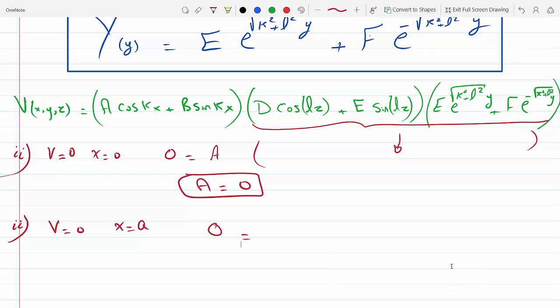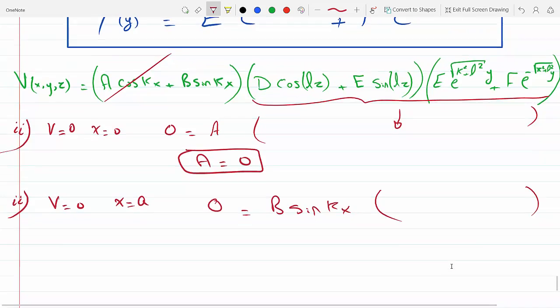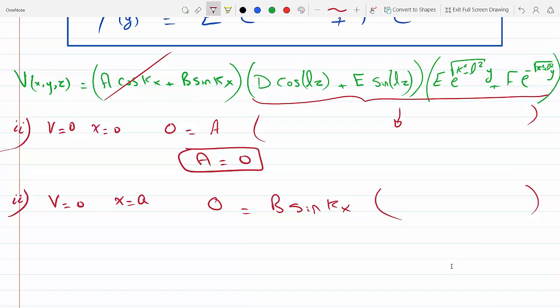This is when x equals a, so the cosine term is gone here. So this is b sine ka. The rest don't matter because the exponentials can certainly not be zeros. So either b is 0, which would be trivial, we're not looking for that.